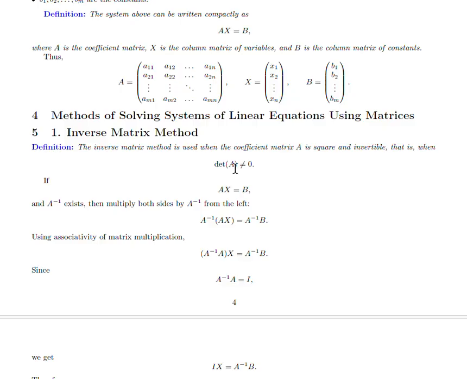And the determinant of A too, we'll see all that now.